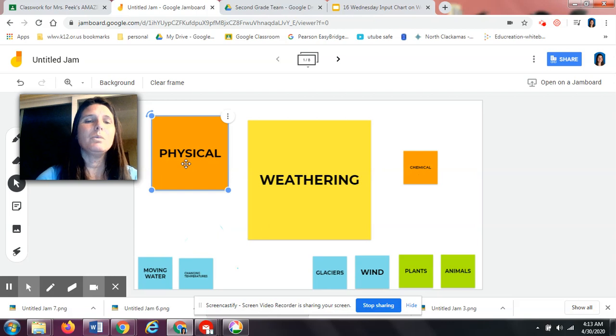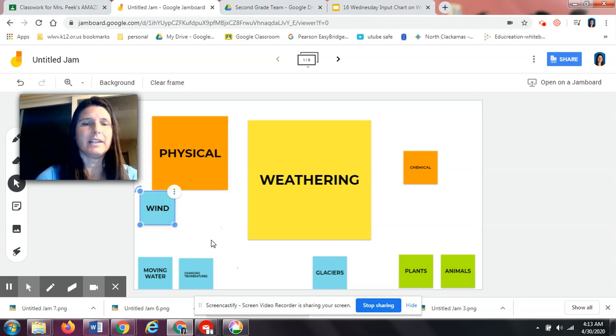So, for physical weathering, there are lots of different ways that rocks can be physically broken down by things like weather. That's right. So, wind is a powerful force to break down rocks. Glaciers are a powerful way that rocks can be broken down.